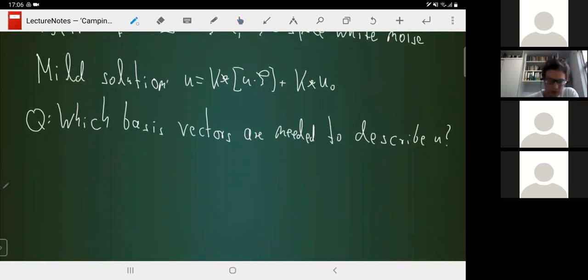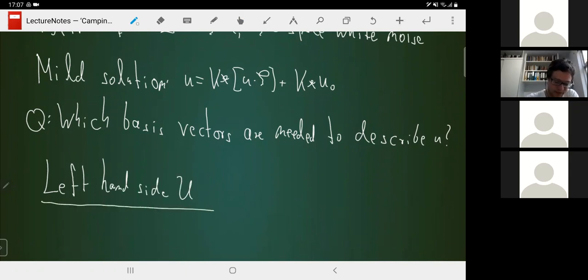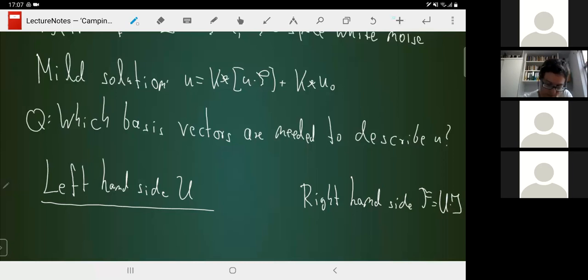And the way to think of it is the following. You have a left-hand side of the equation, which is this solution, left-hand side u. And then there's a right-hand side. Let's call it f, which is really u times xi. What is xi?